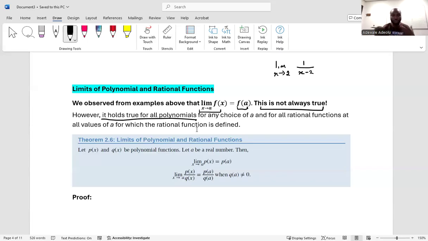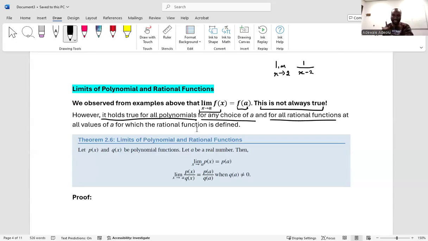At this point, you should know examples of polynomial: your quadratic function, your linear function, even your constant function, or polynomial of degree 3, of degree 4, and so on. So it holds true for all polynomials for any choice of a, and also for all rational functions. Remember, rational functions, we have a polynomial dividing another polynomial.